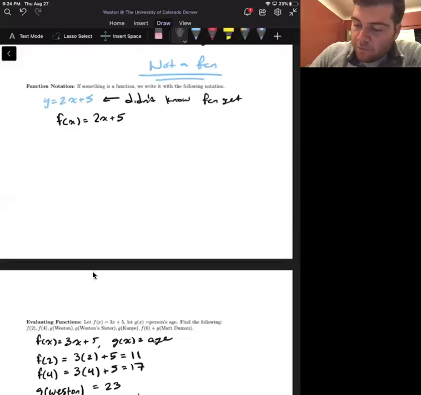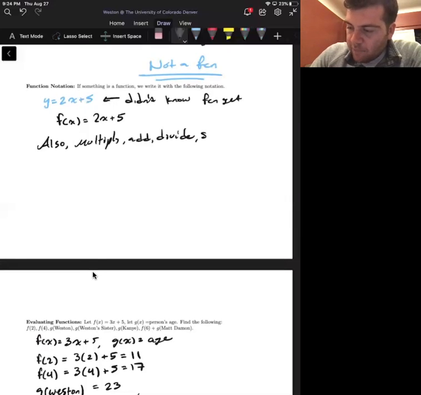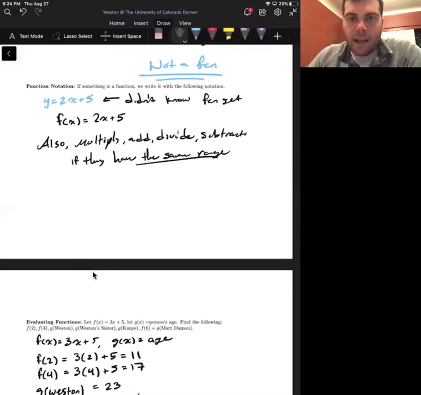We can also multiply, add, divide, subtract functions, provided they have the same range. And it should make sense that they need to have the same range. It'd be weird if you had a function that output values in humans.